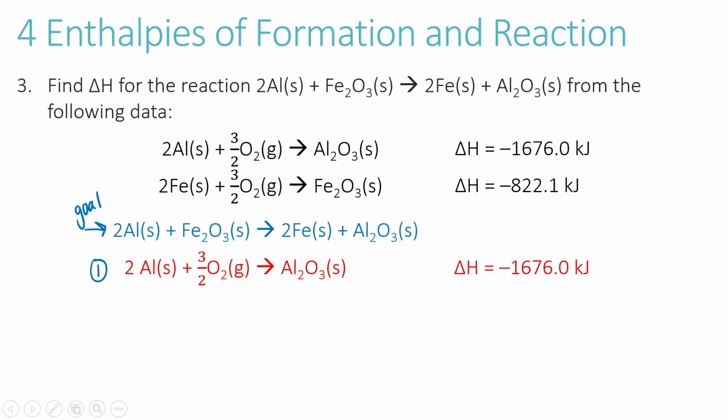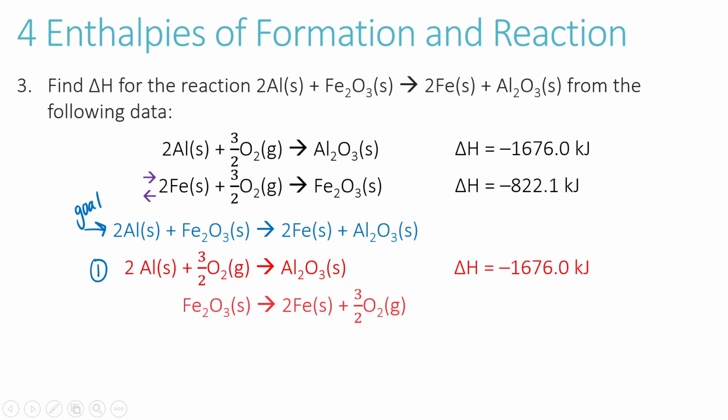Now for the second reaction, notice that this 2Fe solid, here it is a reactant, and here it is a product. We also see that this Fe2O3 is a product here, but in my desired reaction, it's a reactant. So that's a hint that I'm going to need to flip this reaction.